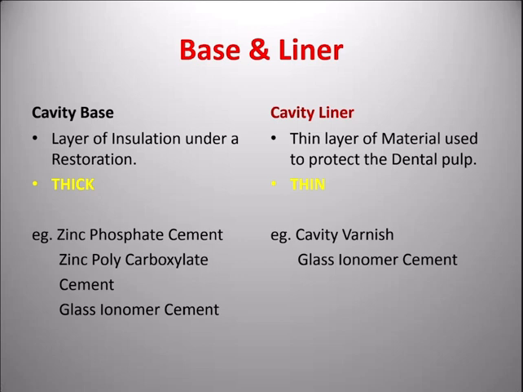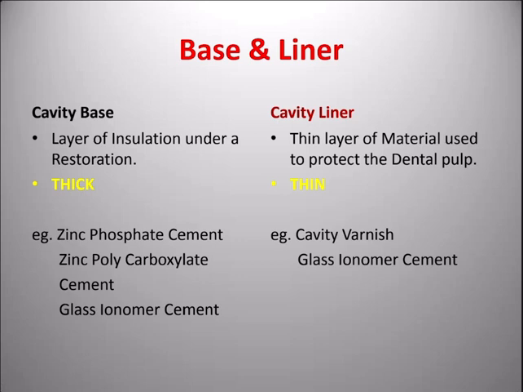Whereas a base does a similar function. It also provides pulpal protection, but on top of that, it also does thermal insulation. It will protect the pulp from thermal changes due to heat and cold, and we know these thermal changes are one of the major causes of damage to the pulp.